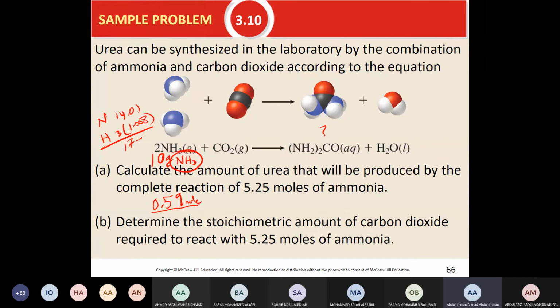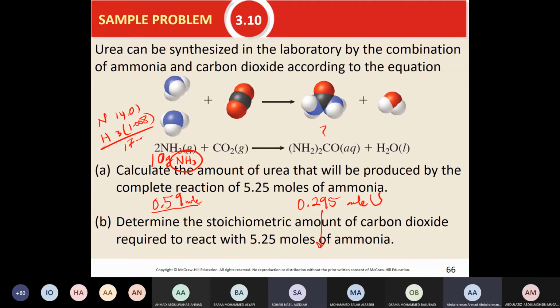Good. How many moles of urea am I going to produce? It will be 0.295 mole urea. Great. Can you change it to gram? Yes, definitely. How? Multiply by molar mass.